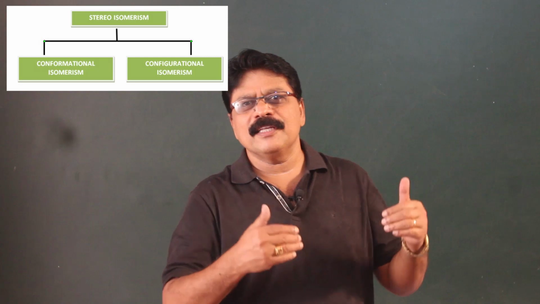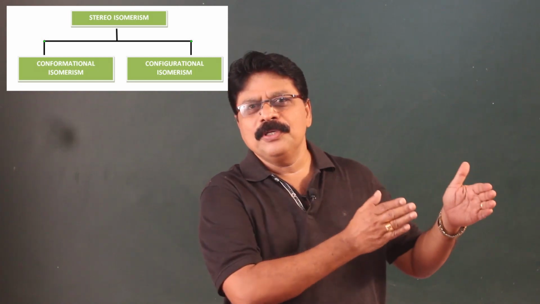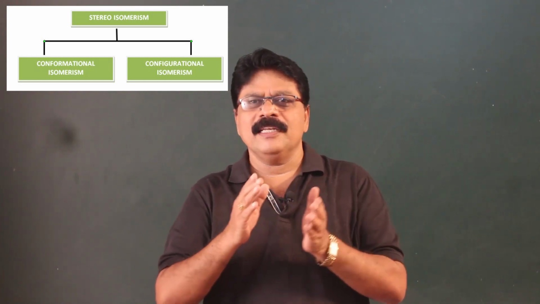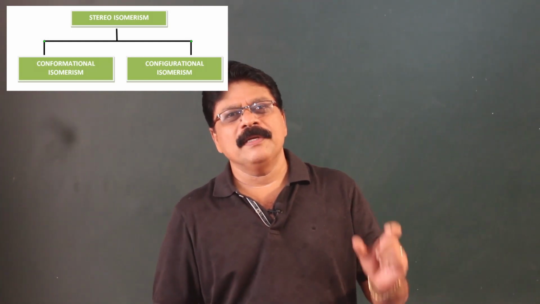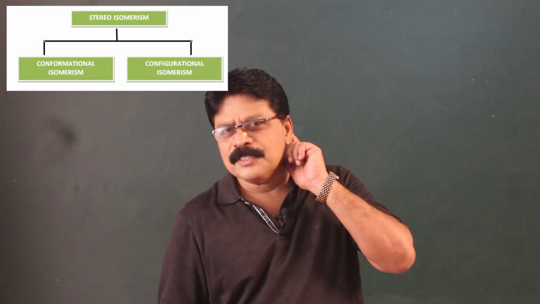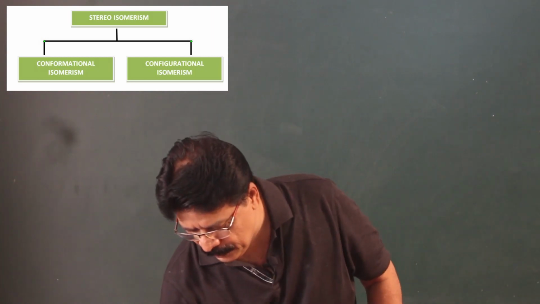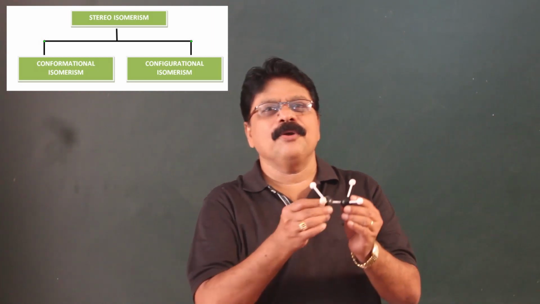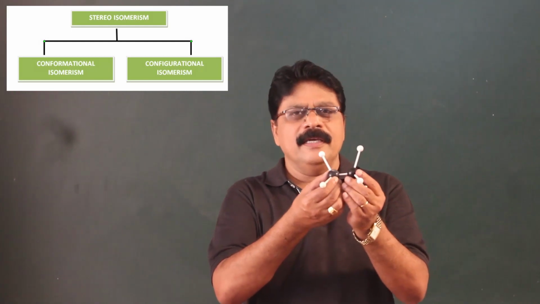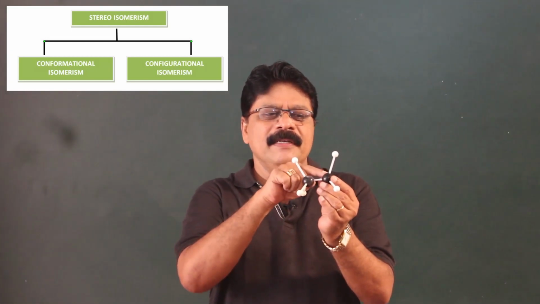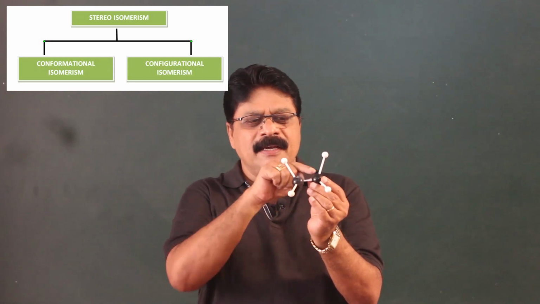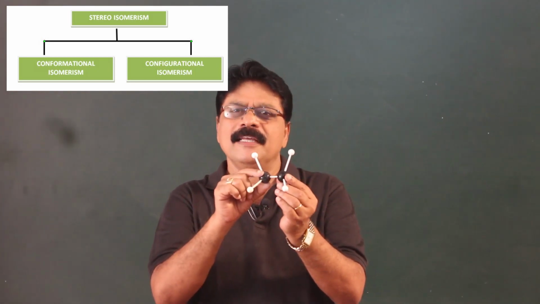Conformational isomerism can further be said to belong to open chain compounds and ring compounds. Let us talk about open chain compounds and their stereoisomers. Let us take the example of ethane. In a molecule of ethane, each carbon has 3 hydrogens and the carbons are bonded by a single bond.